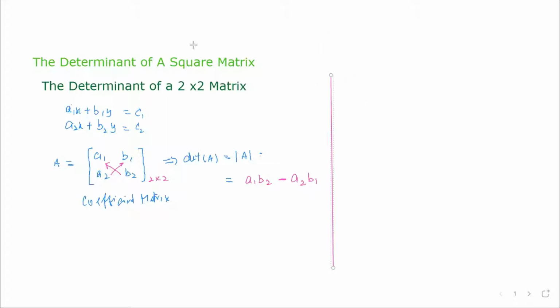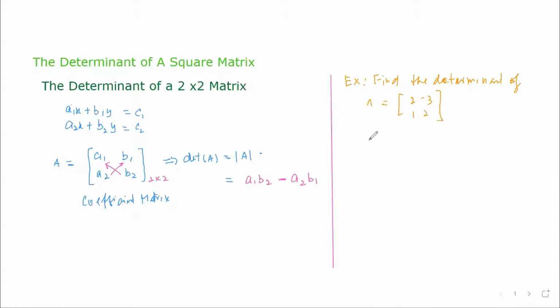So example: find the determinant of, say, A equal to 2, minus 3, minus 1, 2.